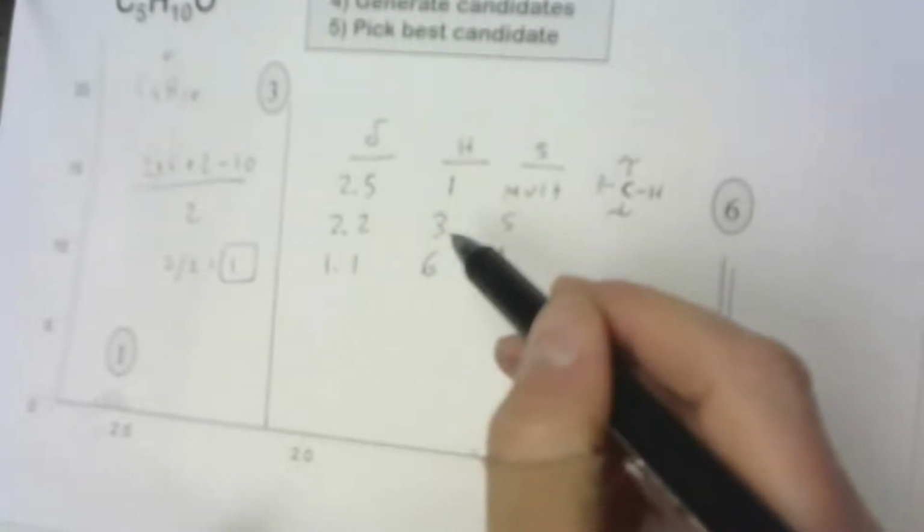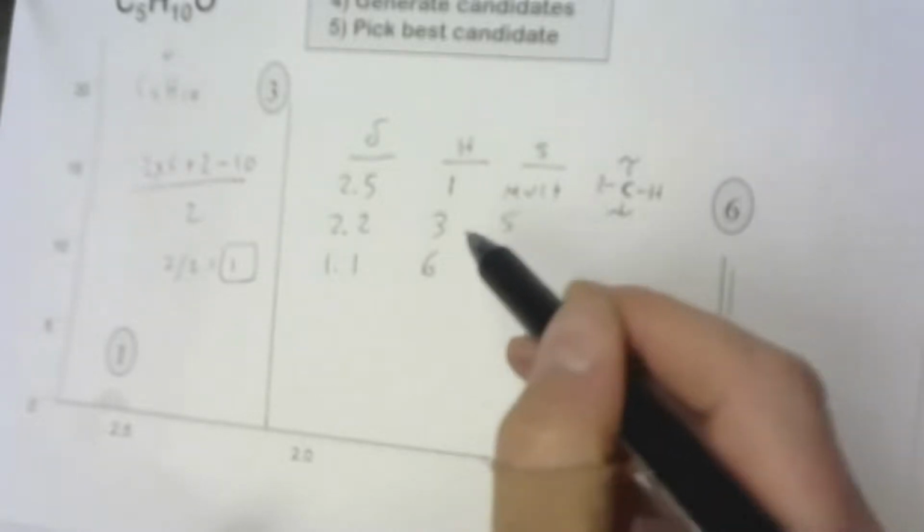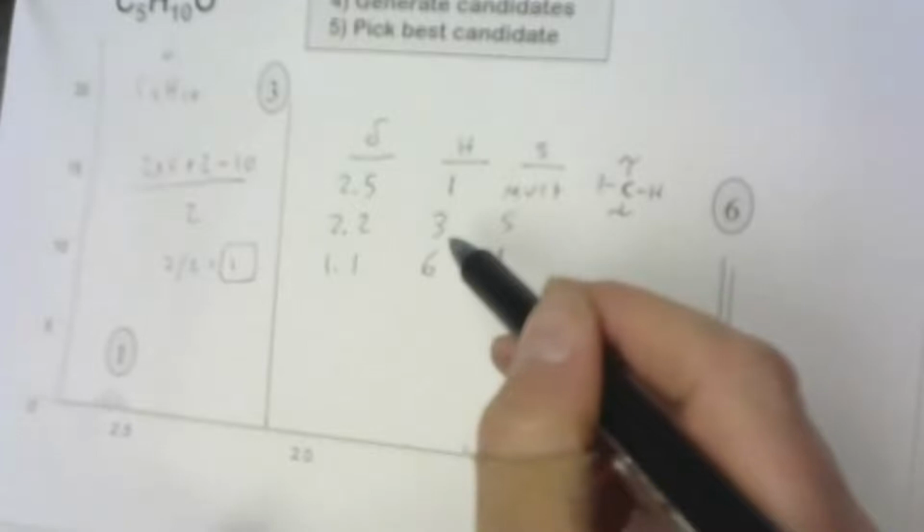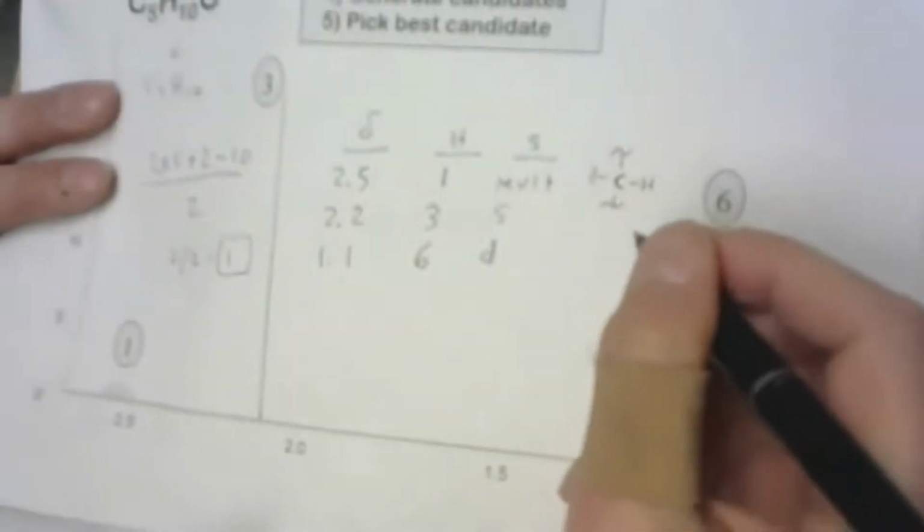Squiggly, squiggly, squiggly. Cool? Now, 3 protons on a carbon, and somebody said it earlier in the chat, should probably be a CH3. If I draw CH3, how many squigglies will there be?